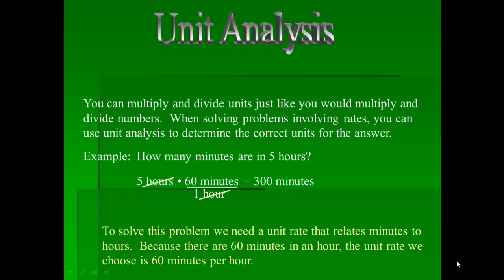Example: how many minutes are in 5 hours? 5 hours times 60 minutes over an hour equals 300 minutes. To solve this problem, we need a unit rate that relates minutes to hours. Because there are 60 minutes in an hour, the unit rate we choose is 60 minutes per hour.